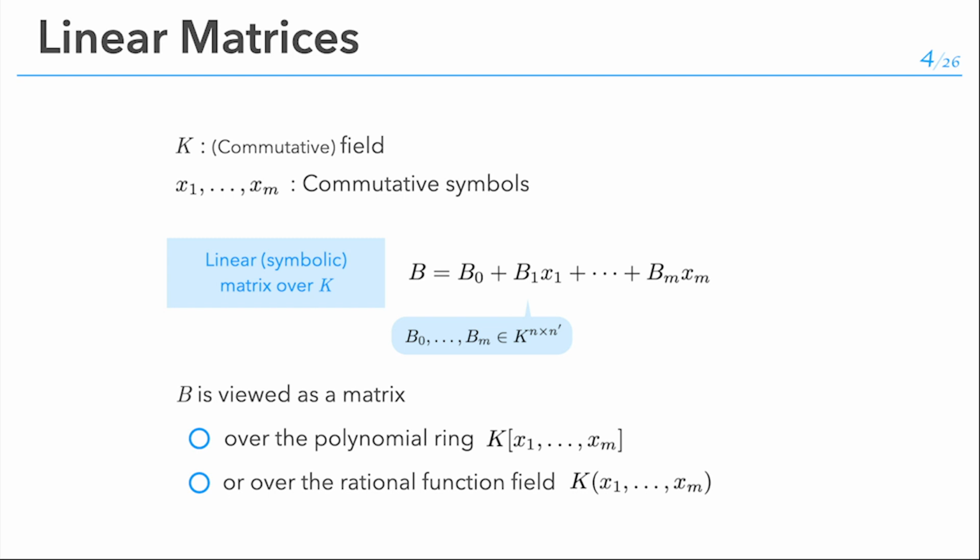Here, B0, B1 to Bm are n times n matrices over K, and x1 to xm are commutative symbols. Linear symbolic matrix B is viewed as a matrix over the polynomial ring over K and indeterminates x1 to xm, or field of fractions called the rational function field.